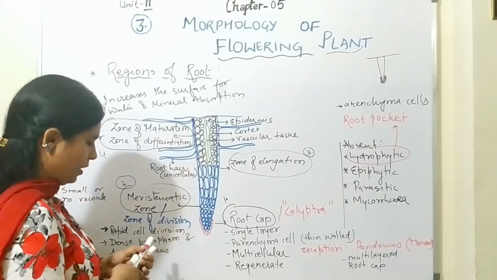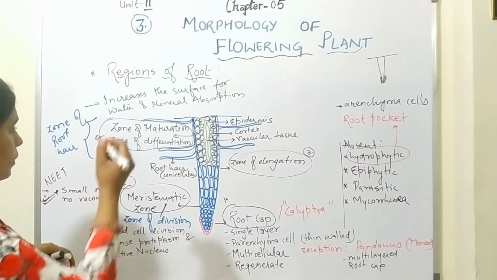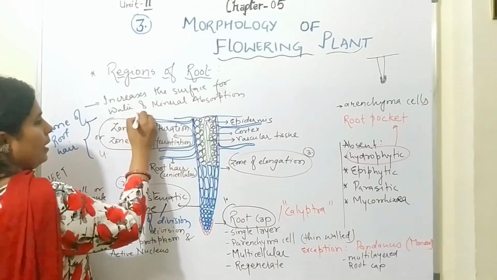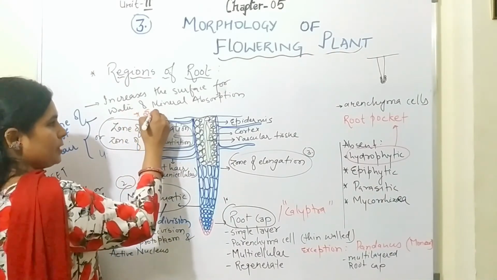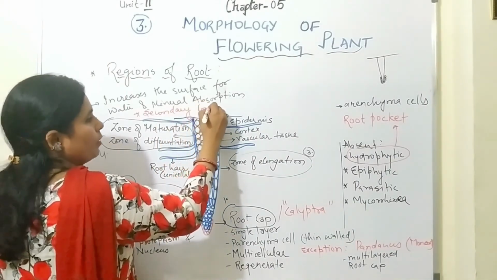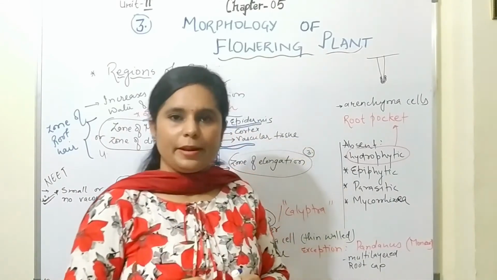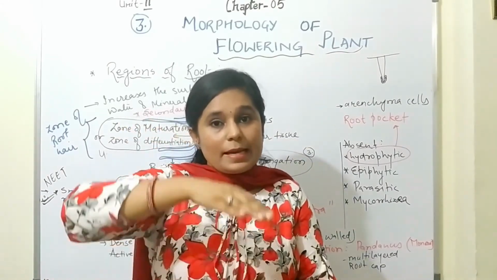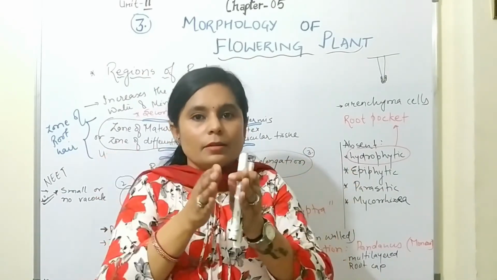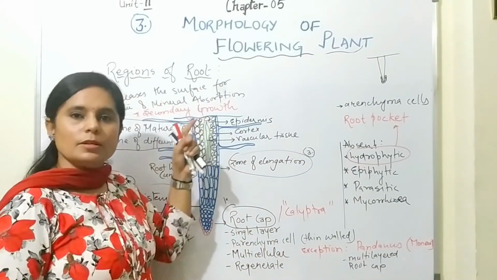One very important thing I want to add is that the zone of maturation helps in secondary growth of the root. Fine, there are two types of growth, primary and secondary. Primary is when the root increases in length, secondary is when the root increases in width. The diameter increasing means secondary growth is happening.